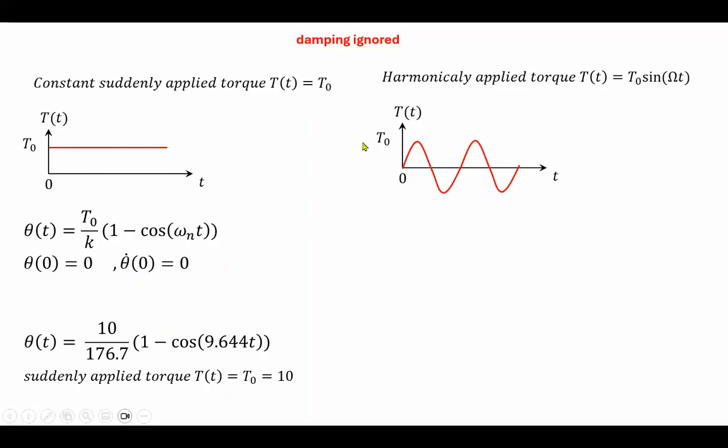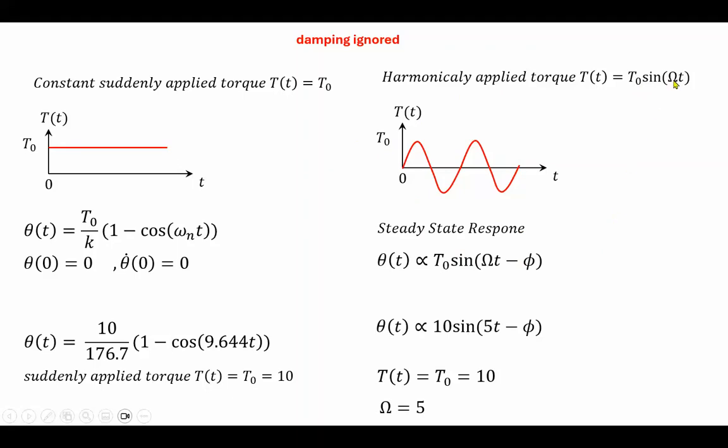Then after I do this problem, I apply a sinusoidal harmonic torque, and this big omega is the driving frequency. Some textbooks write this as little omega sub d, meaning driving frequency, to distinguish it from little omega sub n, but here we use big omega.